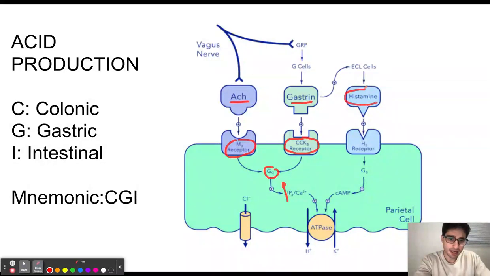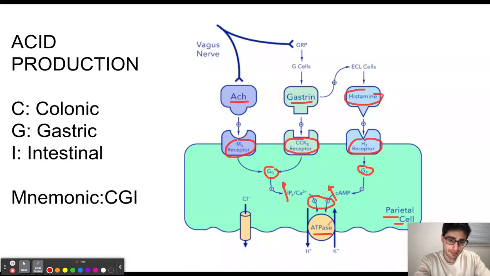When histamine binds to the H2 receptor, they're going to be using the intracellular signaling molecule Gs, which increases the levels of cAMP in the parietal cell. Now, the increasing levels of these molecules are ultimately going to stimulate the activity of the hydrogen potassium ATPase found on parietal cells.